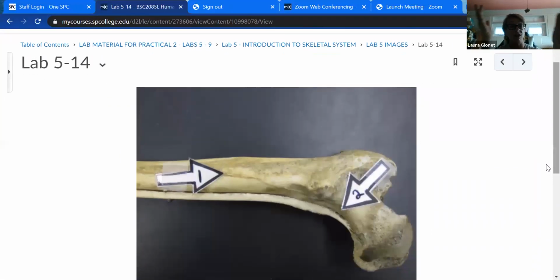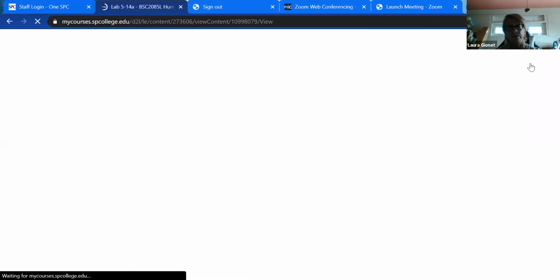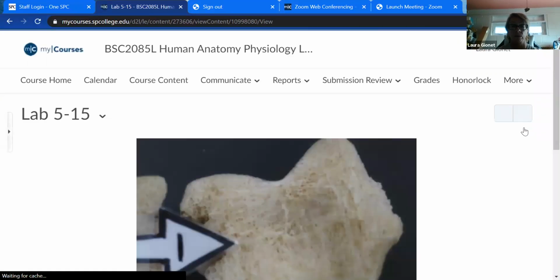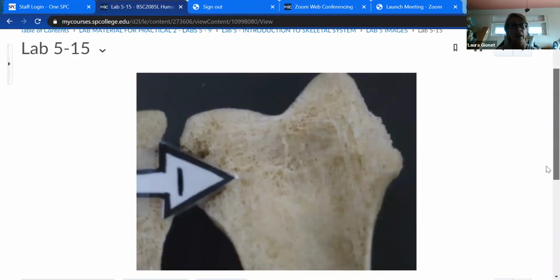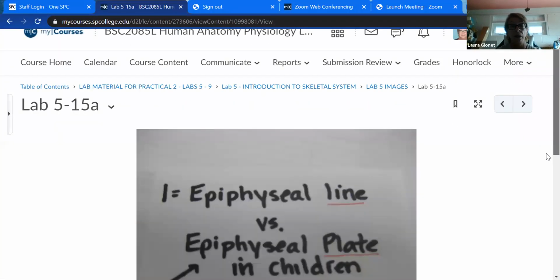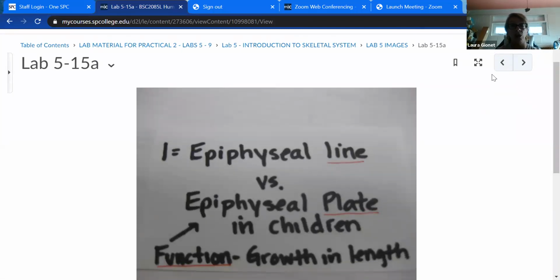Okay, this is that same bone kind of closed up, and it's just pointing to those regions, epiphysis versus diaphysis. And here, this is where he's magnified a little bit more, where you need to identify the trabeculae and the red bone marrow. This is also that junction.